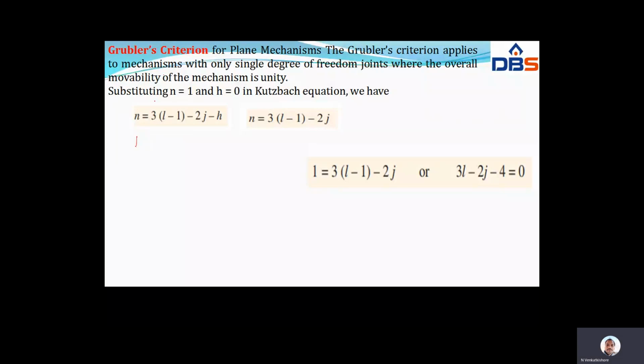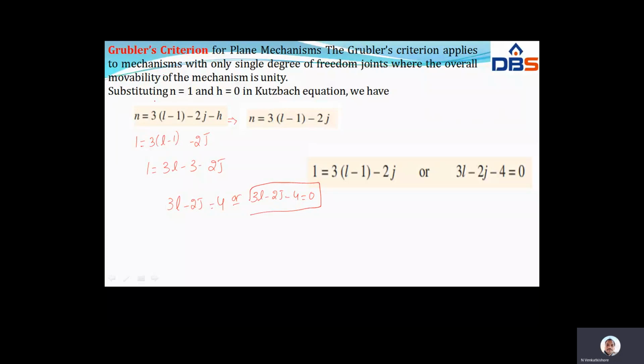That means n is equal to 1 and 3(l minus 1) minus 2j. And at the same time, no higher pairs are there. So this becomes 1 equals 3l minus 3 minus 2j, that is 3l minus 2j equal to 4, or 3l minus 2j minus 4 is equal to 0.